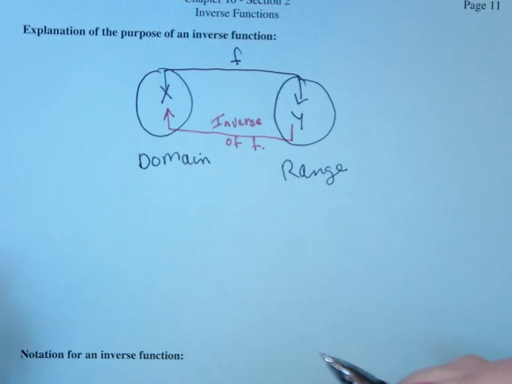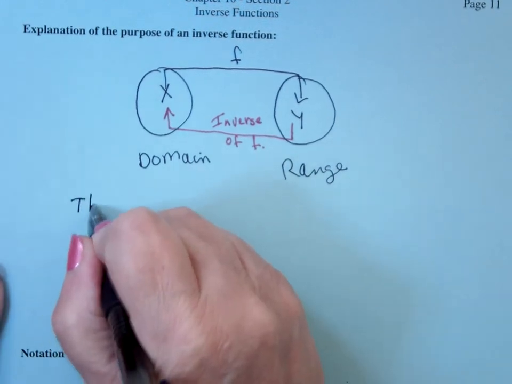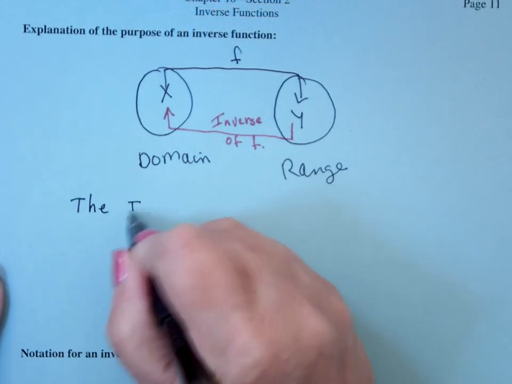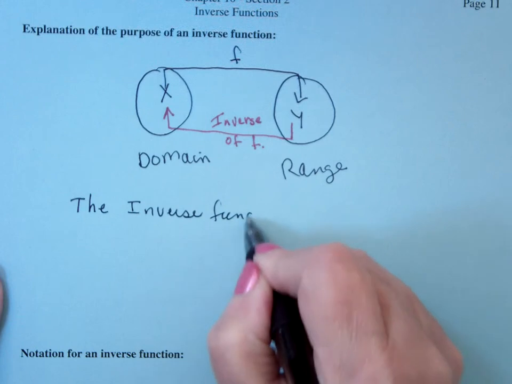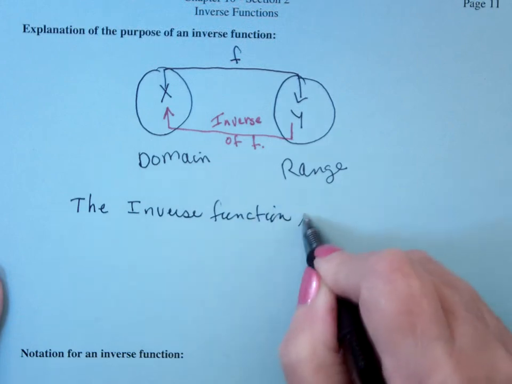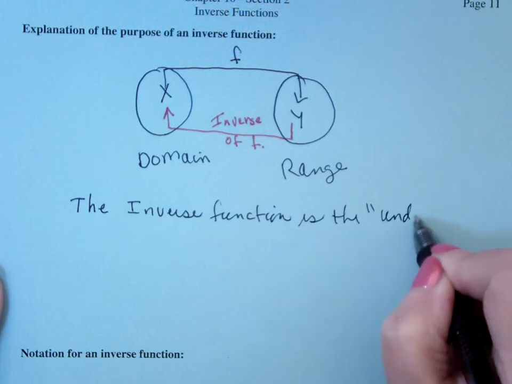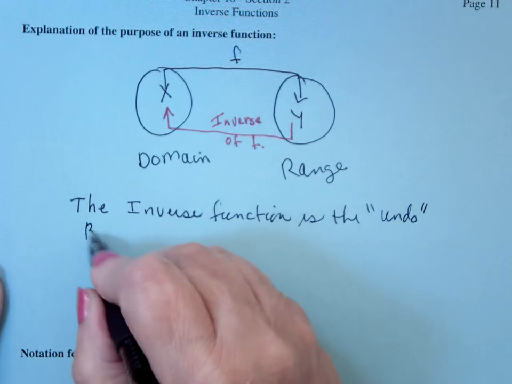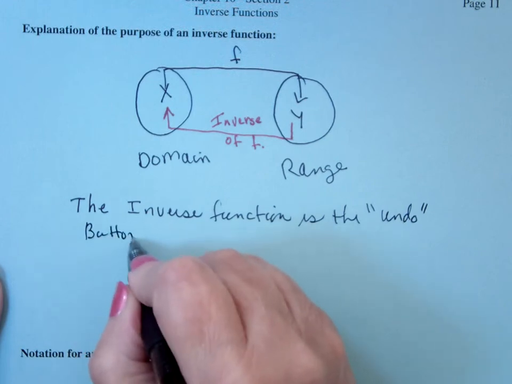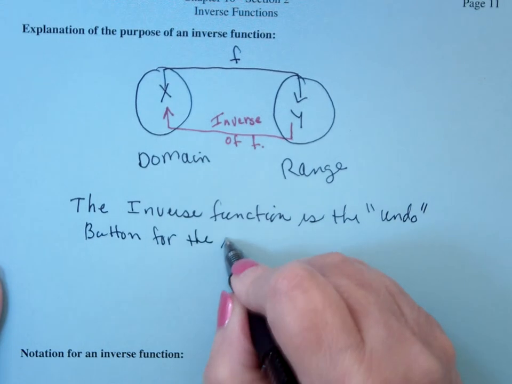So the inverse function is the undo button for the regular function.